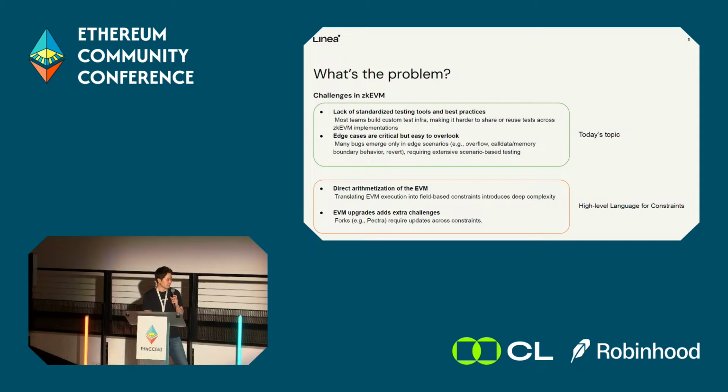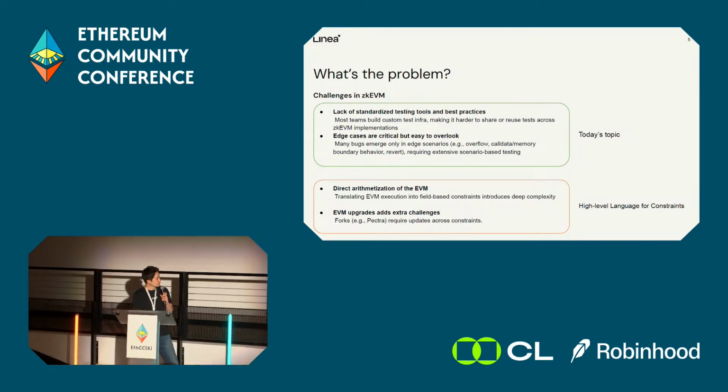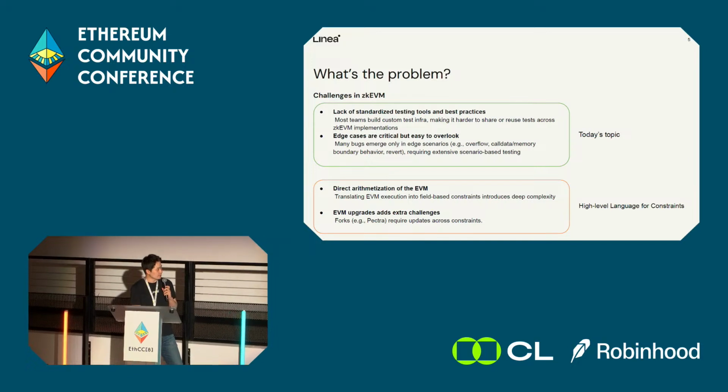Now they are working on zkEVM, so I thought it's good to share our experience today. And there are many edge cases when you are testing constraints and prover, so it's difficult to control or manage. We will also cover today how we manage that. So these two challenges will be today's topic.